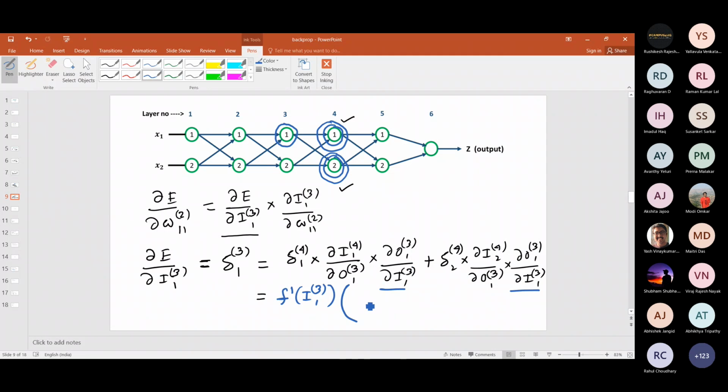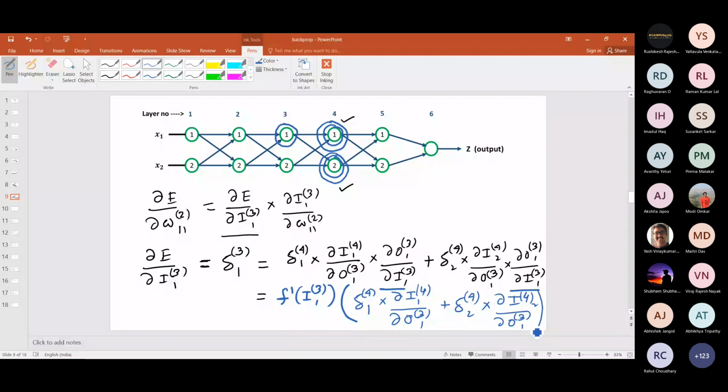And then the remaining part is this: delta 41 into del I41 with respect to del O31, plus delta 42 into del I42 with respect to del O31.